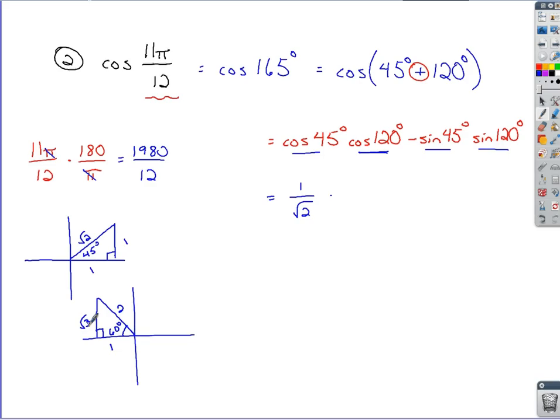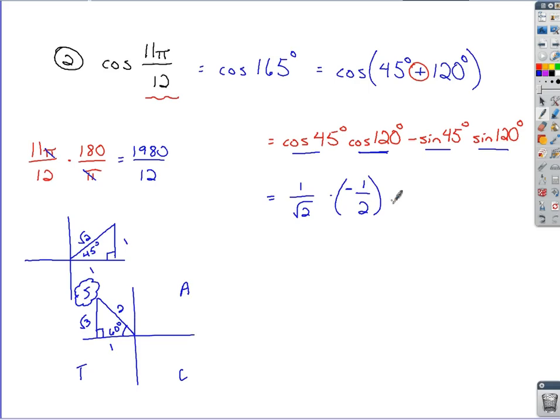If I'm finding the cosine of 120, cosine is still adjacent over hypotenuse, so it's going to be 1 over 2, but you're in the second quadrant. If you remember, all students take calculus: in the second quadrant, all the sine stuff is positive, but the cosine stuff would be negative, meaning this 1/2 would be negative. As we escape that first quadrant, we have to keep remembering that sometimes these values might be negative.